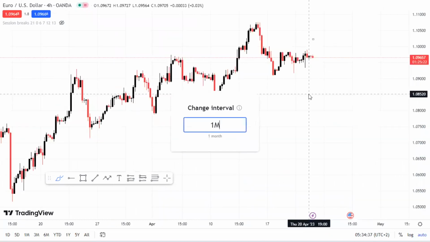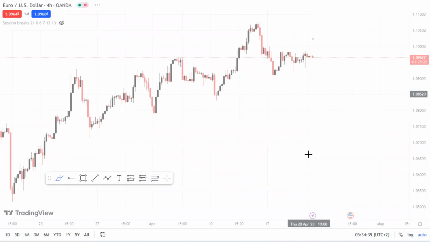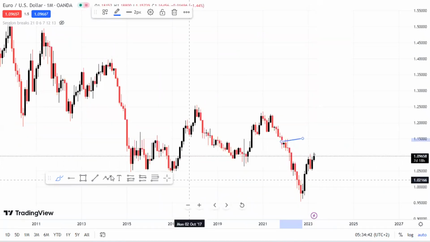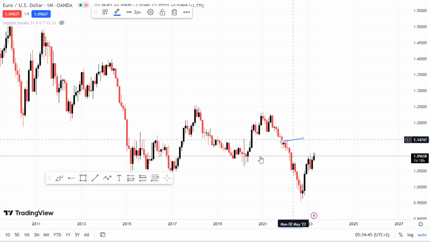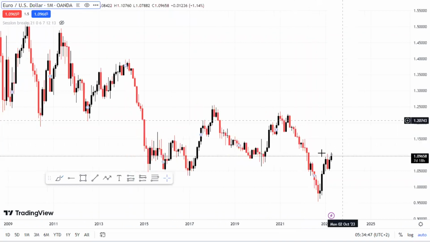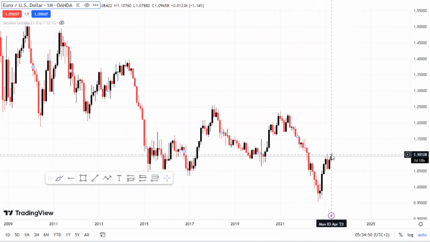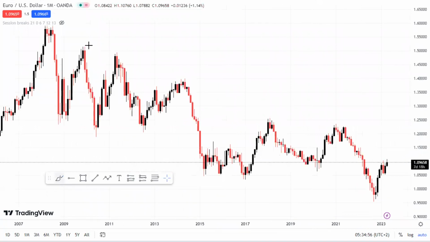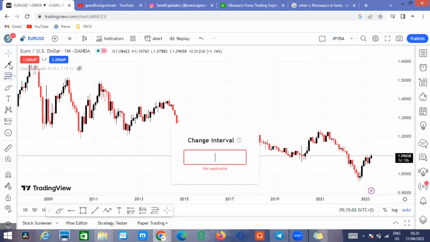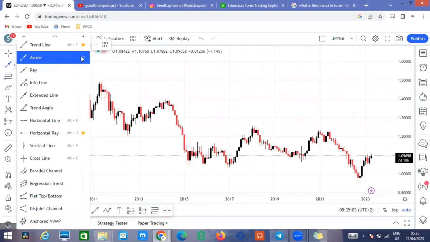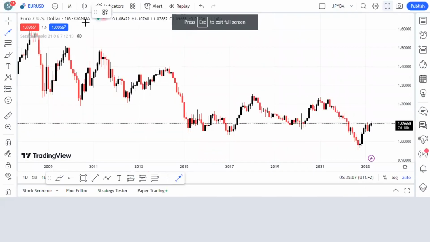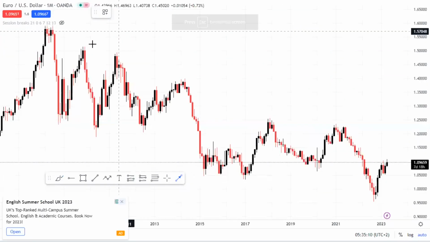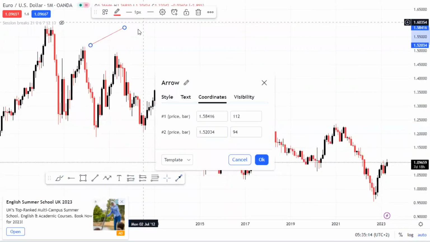So now if we go to our monthly time frame, you will notice, first of all, that let me actually do it like this. You'll notice that gradually over time we've had lower highs.